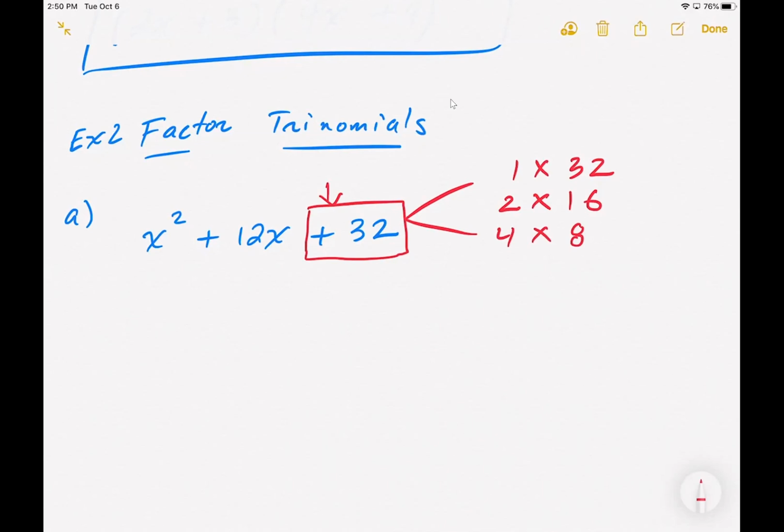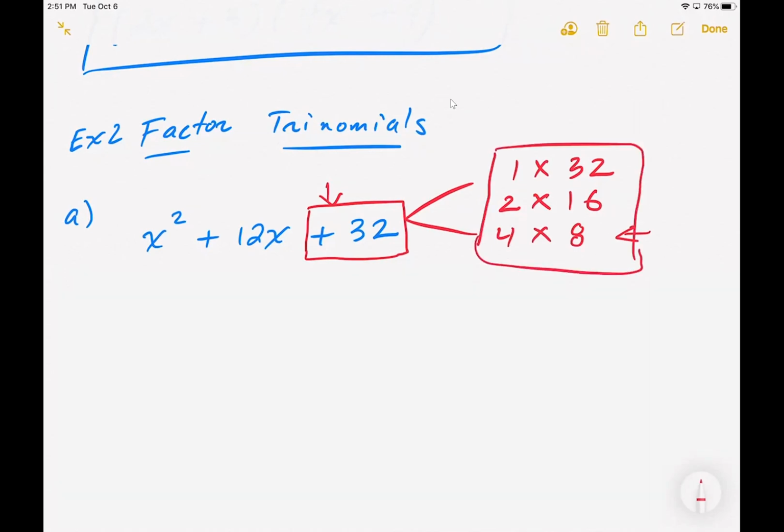And 32 divided by 8, you get back to this item. So once you repeat, there's no other combination. There are only 3 combinations that multiply to give you 32.